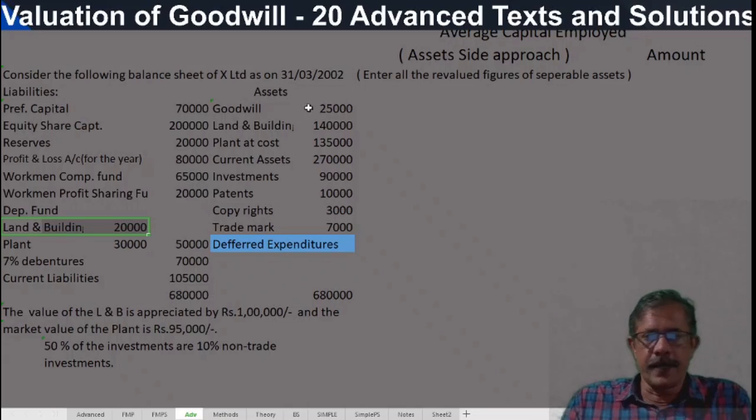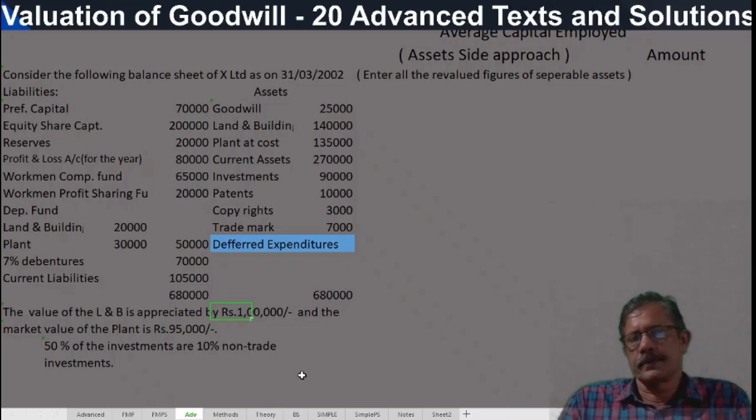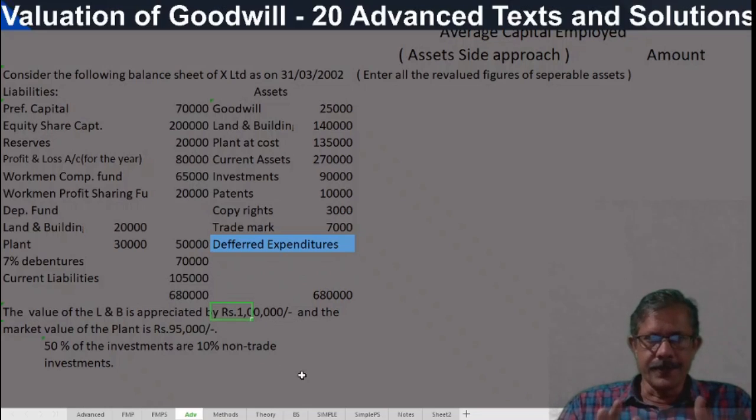What is the book value of land and building? 1,40,000 less depreciation. So indirectly some values will be given. So here the book value of land and building is 1,20,000 and this land is appreciated by 1 lakh rupees. When you read this accounting text carefully, a lot of hidden information will be there.